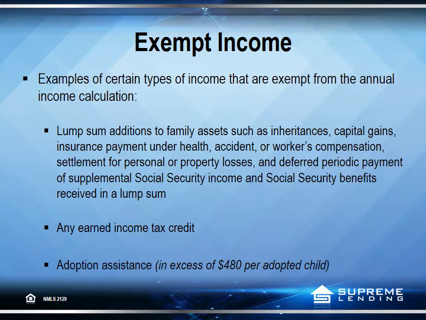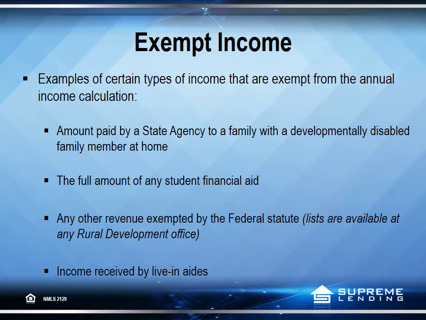Also included in exempt income are any earned income tax credits, adoption assistance in excess of $480 per adopted child, amount paid by a state agency to a family with a developmentally disabled family member at home, the full amount of any student financial aid, any other revenue exempted by the federal statute, and lists are available at any rural development office.